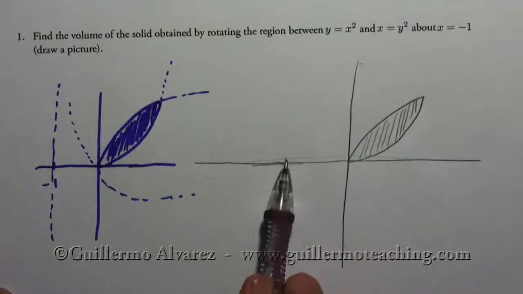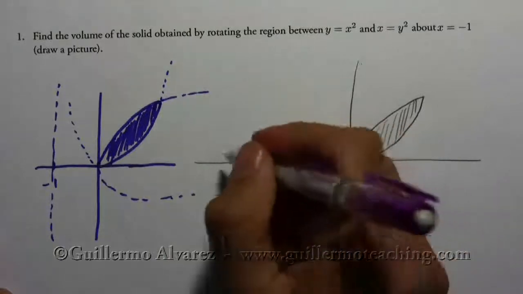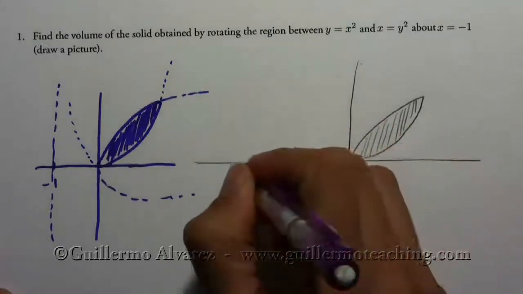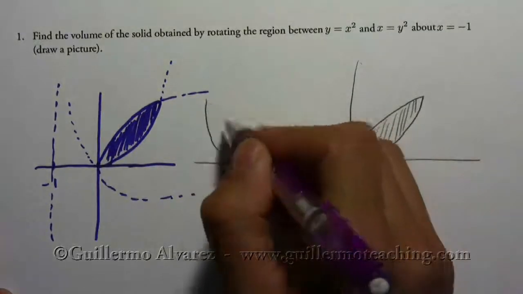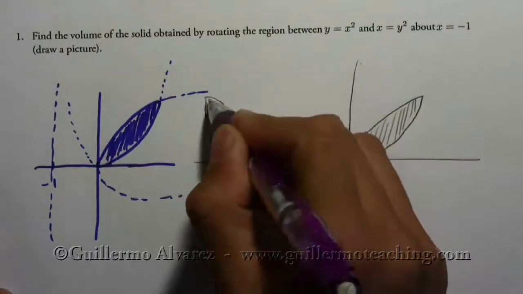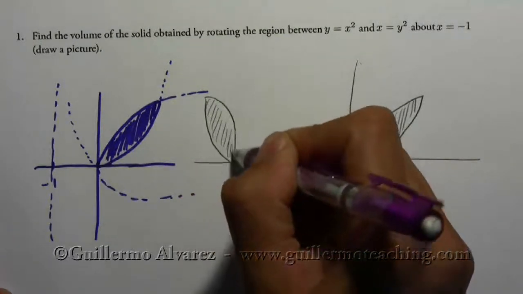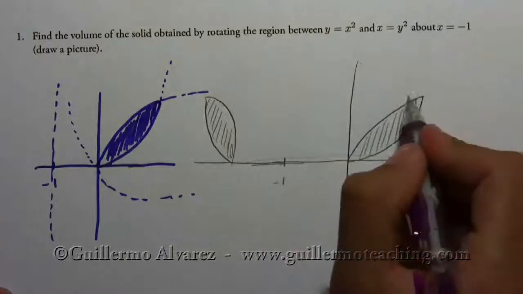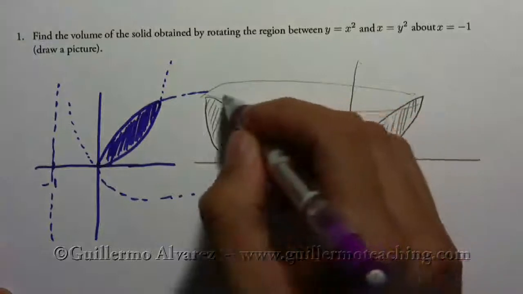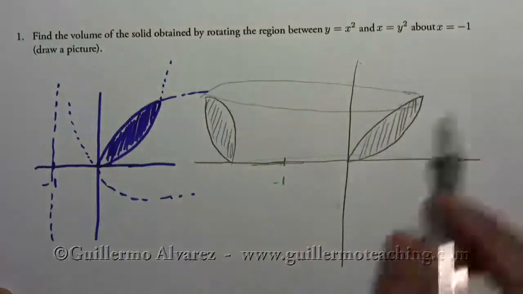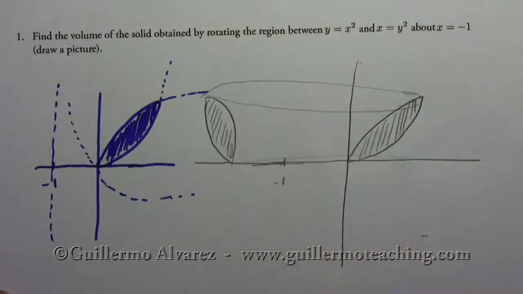And so if I rotate this around here, what I end up with is a wider shape, and then I rotate this around, and I end up with kind of like a bowl with an open bottom, right?